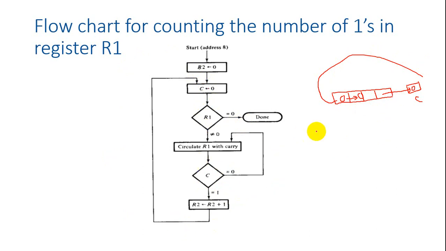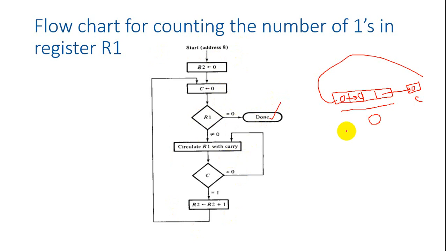As you keep on circulating, after 4 steps of circulating, the entire content of register R1 will be 0. After 4 steps, right? When R1 is equal to 0, the job is done. But if it is not 0, that means we need to keep on circulating. In this case, we will do it 4 times.